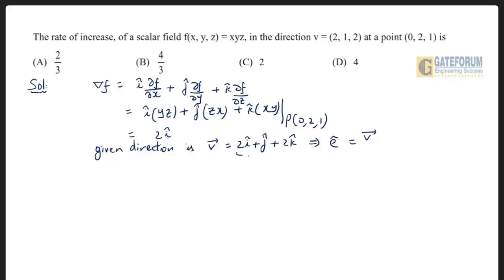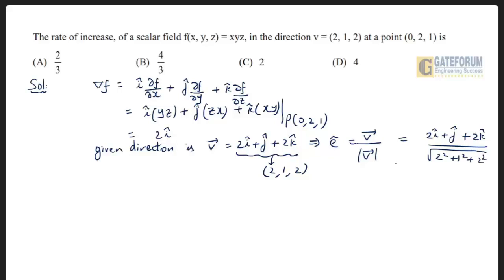This means the direction is (2, 1, 2). So e cap is v bar by mod v bar, that is 2i cap plus j cap plus 2k cap divided by square root of 2 squared plus 1 squared plus 2 squared.